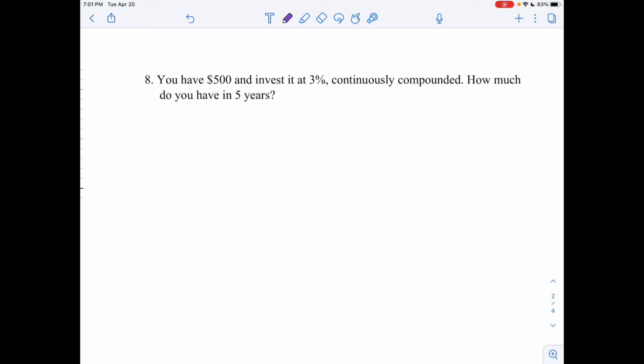So let me remind you of the equation. A is equal to P times E raised to the RT power. So let's go ahead and identify what we know and then figure out what we need to find. So we know that we're starting with $500. So that is our P value. We're investing it at 3%. So 3% is R, but remember, we're going to have to make that into a decimal instead of a percent.